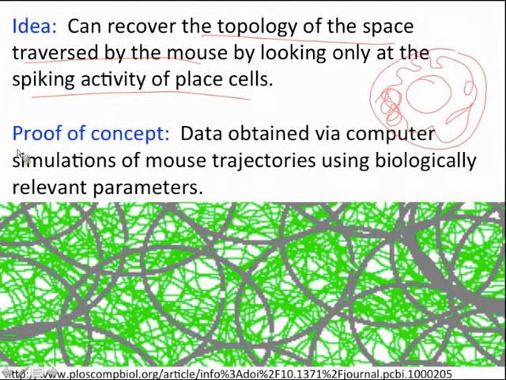So instead, their paper was a proof of concept. Their data was obtained via computer simulations of mouse trajectories using biologically relevant parameters. When I was a graduate student first listening to talks, I would think, oh, this was a great result. And then I would think, wait a minute, was this simulated data or experimental data?